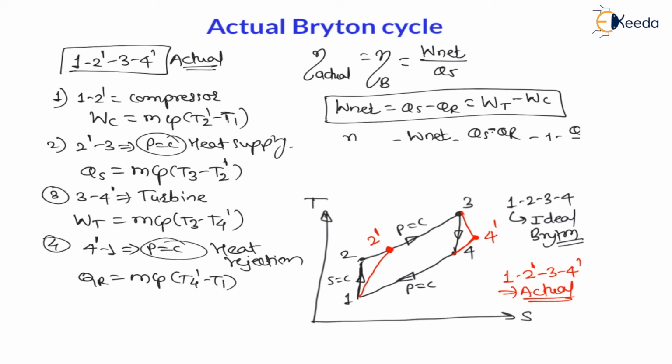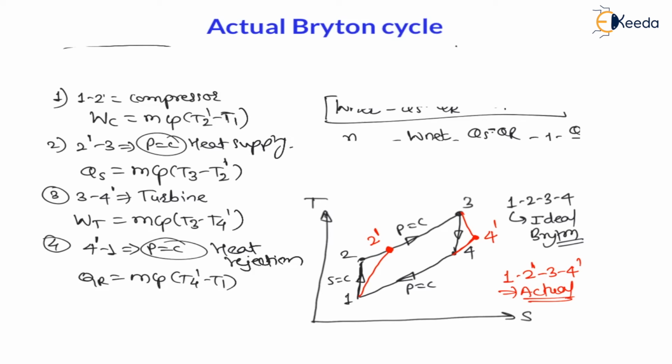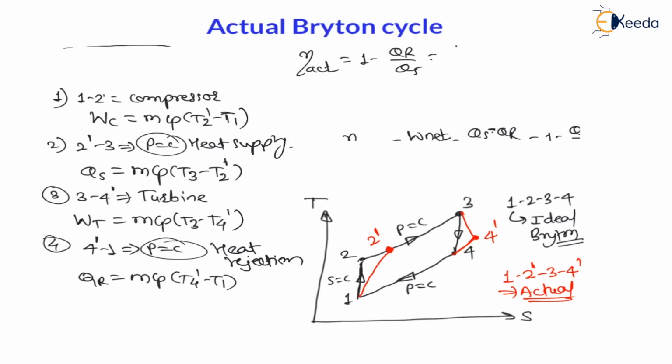So let us use this formula to find efficiency, that is, efficiency is equal to 1 minus heat rejected divided by heat supply. Therefore, the actual efficiency for this Brayton cycle is equal to 1 minus heat rejected divided by heat supply, which is equal to 1 minus heat rejected, now process 4 dash to 1, that is m Cp (T4 dash minus T1), divided by heat supplied, which is 2 dash to 3, m Cp (T3 minus T2 dash).